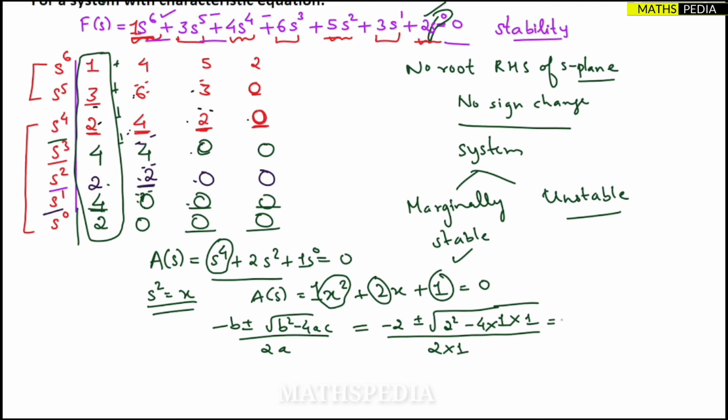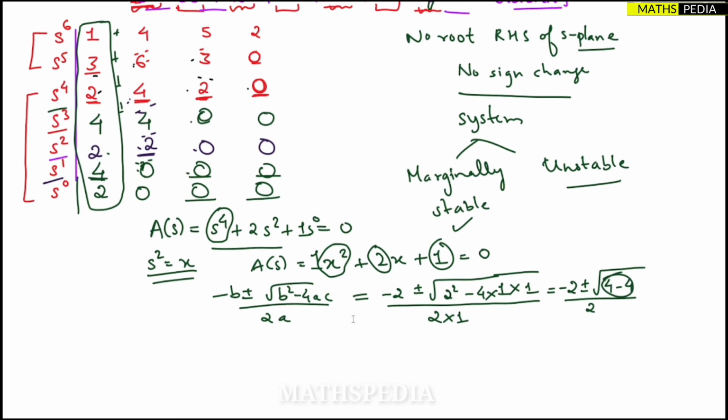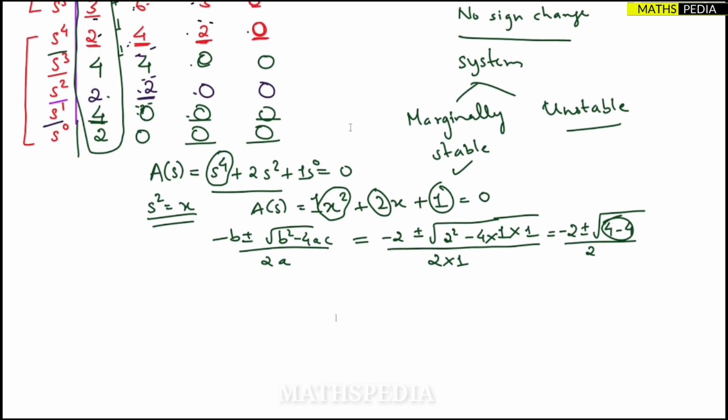So this becomes minus 2 plus or minus square root of 4 minus 4, divided by 2. So 4 minus 4 is nothing but 0. The final answer will be minus 2 plus or minus, no need to write, it is 0. So minus 2 by 2, which is equal to minus 1.